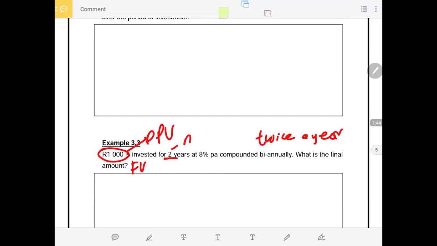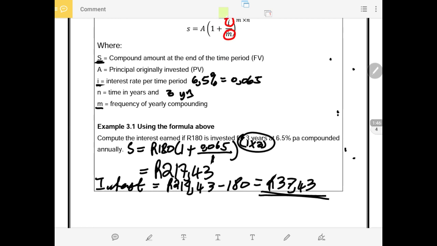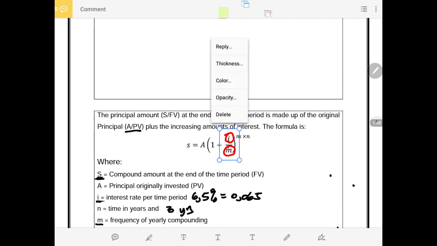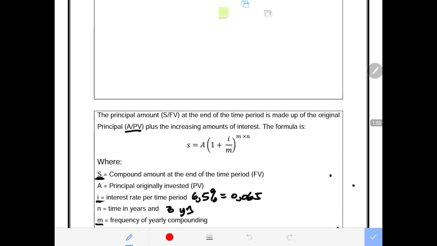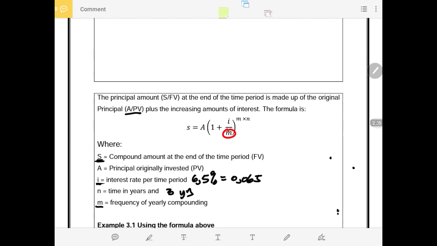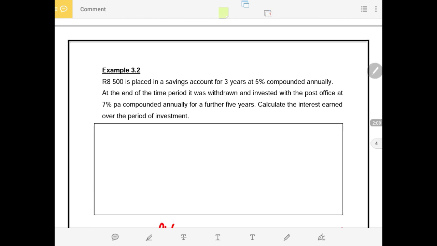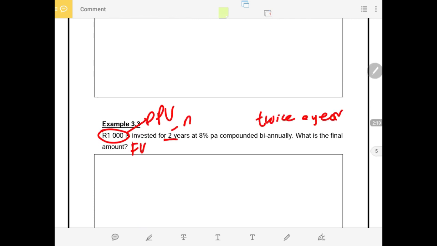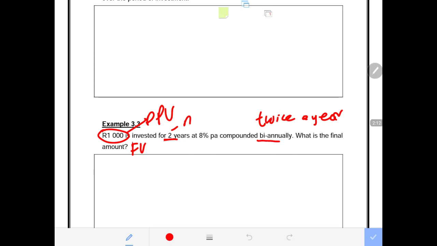And I want to highlight, as I mentioned in the formula, that the interest must be divided by m. Similarly, when we use the functions of the calculator, your interest must be divided by m, which is the number of compounds in a year. In this case it is 2, because it's compounded biannually, or 6 monthly, or half a year.